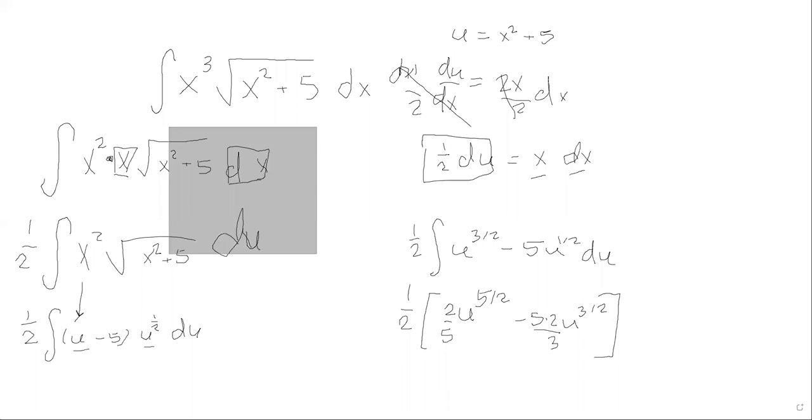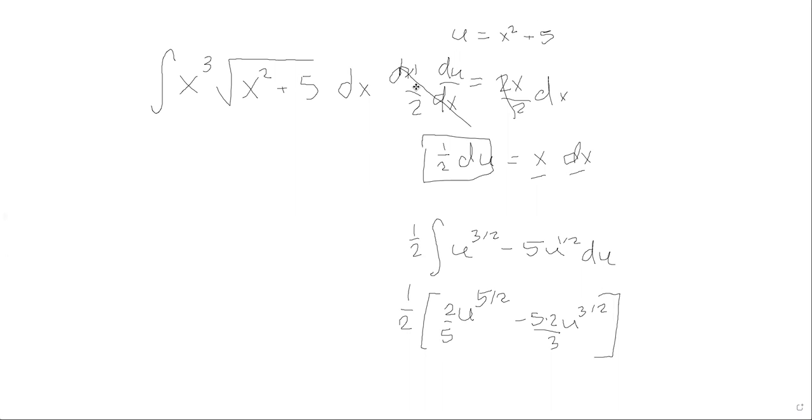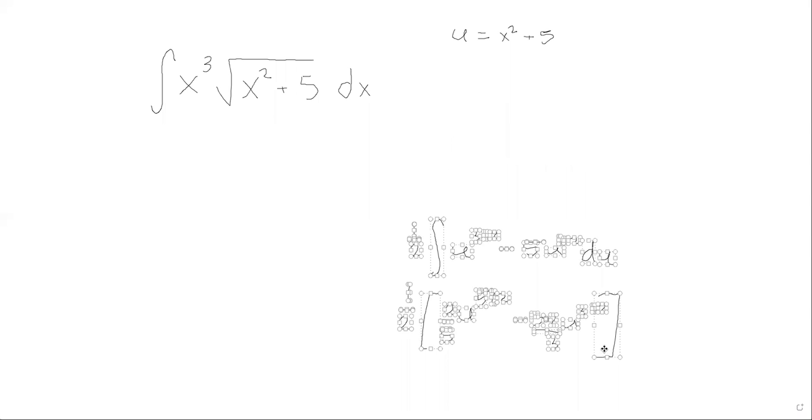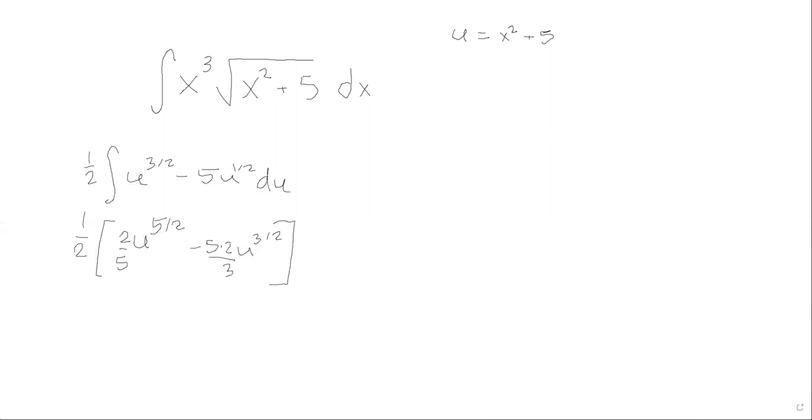And I'm going to clear away some space. We're almost there. We don't need most of this stuff. So what I want to do is distribute the 1/2, but then I also want to substitute u back into the equation after I put plus c.